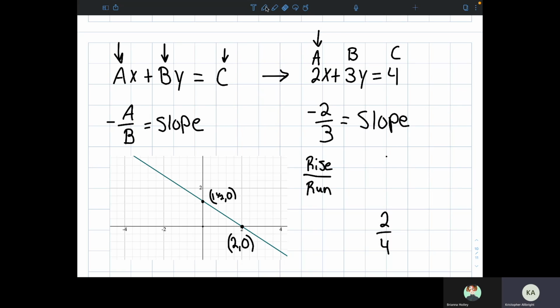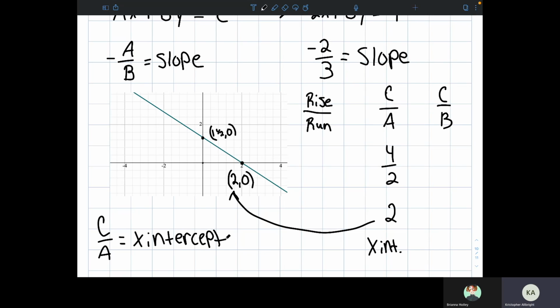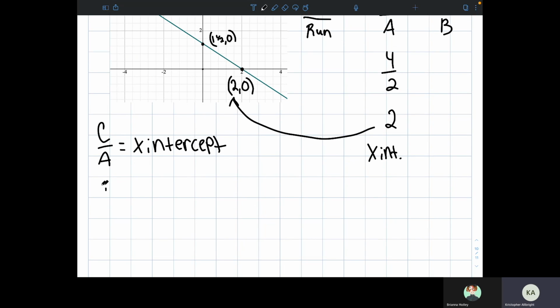C over A and C over B. So if we have that, then we can do 4 over 2, which gives us 2. And 2, that seems familiar. So maybe this is our x-intercept. Our C over A gives us our x-intercept. And so that means C over B must give us our y-intercept.